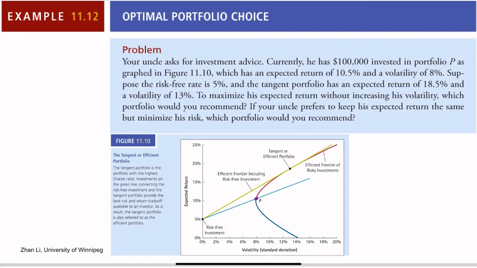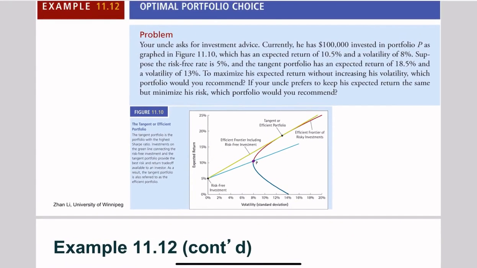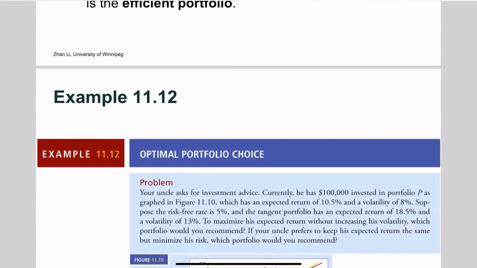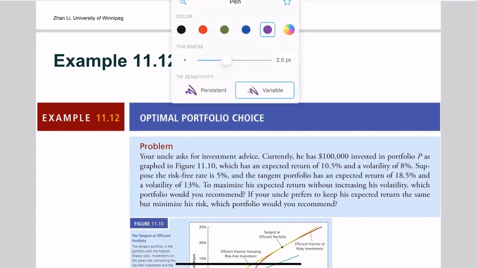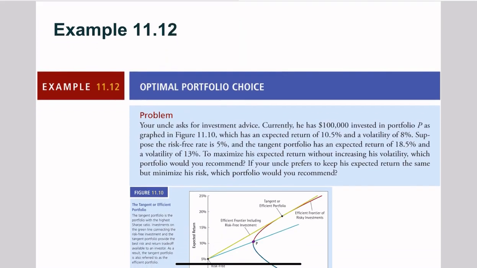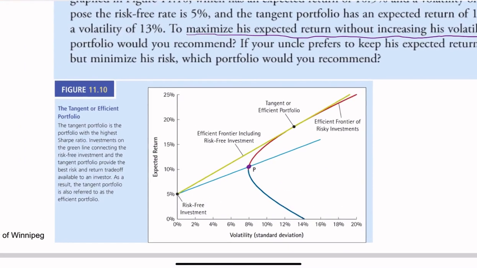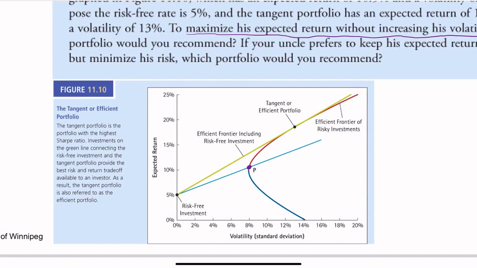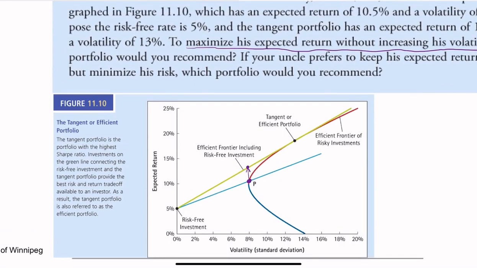Okay, now let's look at the first question. The first question says, maximize his return without increasing his volatility. On this graph, it basically means originally he was here. Now you want to move upward to this portfolio, right?